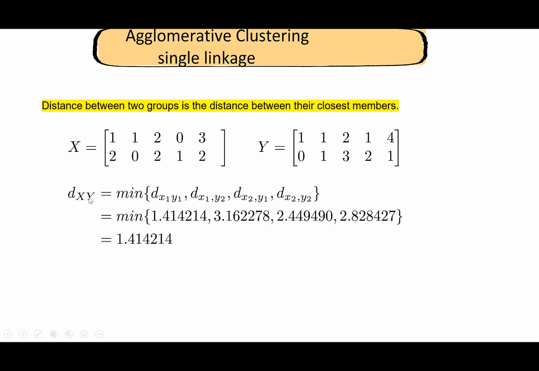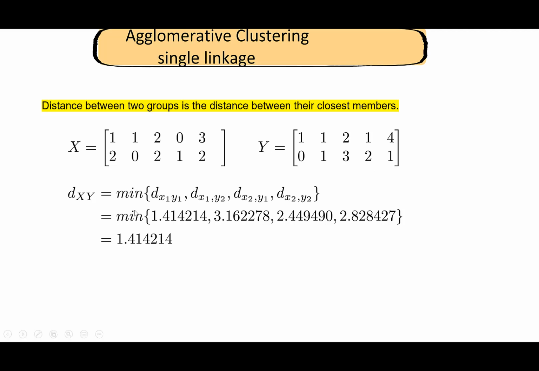So the distance between these two groups, X and Y, is the minimum of all of these pairwise distances. So d(x1, y1) is just the Euclidean distance between this element and this element. d(x2, y2) is just the Euclidean distance between this element and this y2. If I calculate all of these distances, I take their minimum.